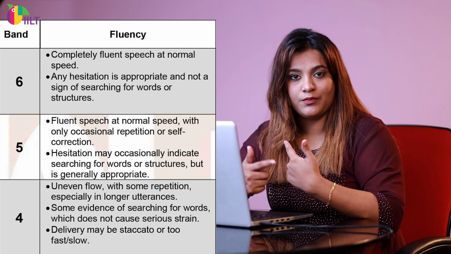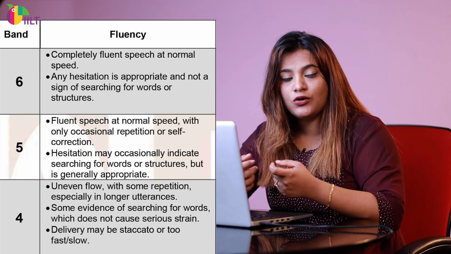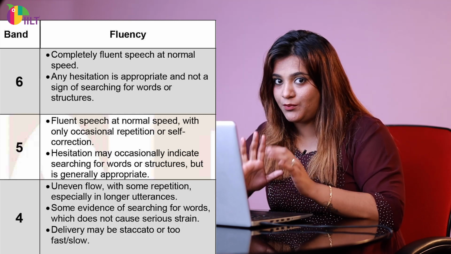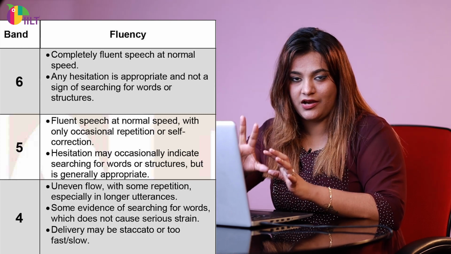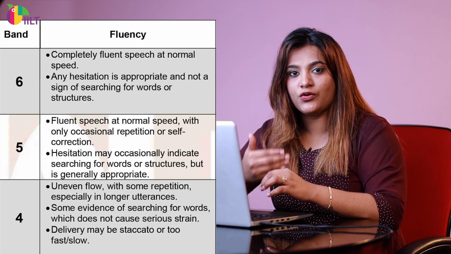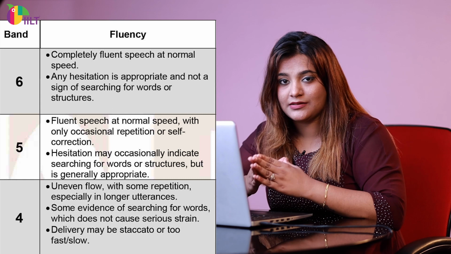If you're occasionally repeating some words or some sentences, or you made a mistake and you corrected yourself, that too occasionally. I'm not saying every time, the whole time while you're speaking, but occasionally repeating the words or self-correcting, that is also accepted for a 5 band score.